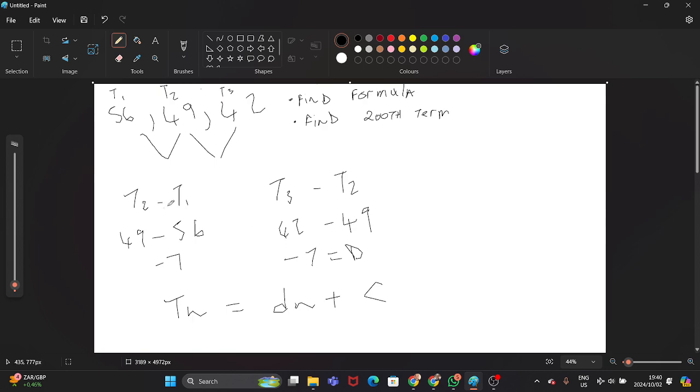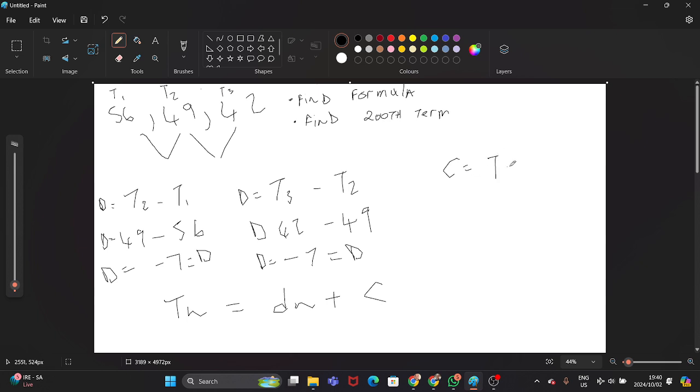And so we can see we calculate our D term by minusing the first term from the second term, right? To find our C, C is equal to the first term minus D. So D represents our constant difference in the equation.